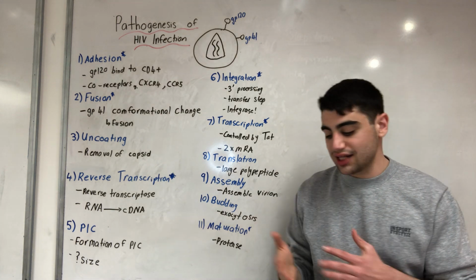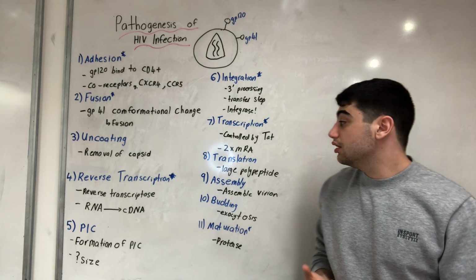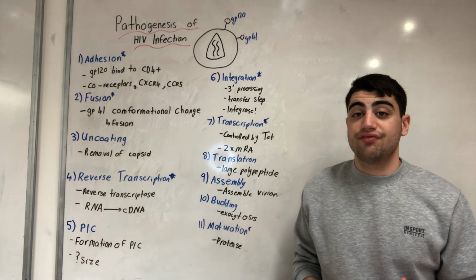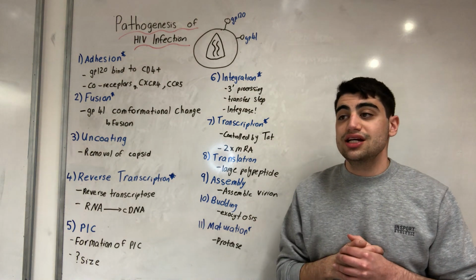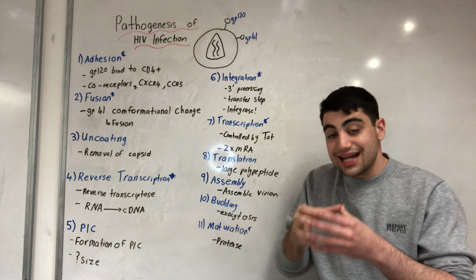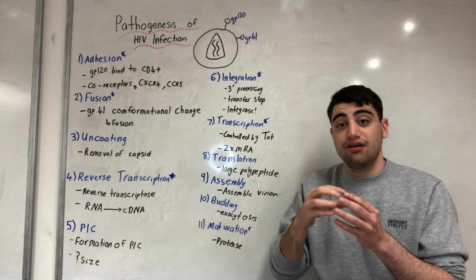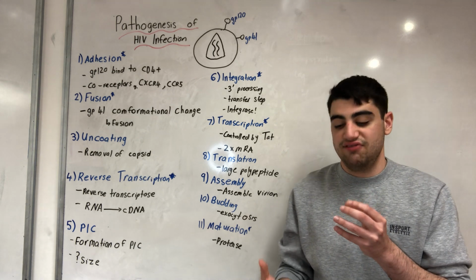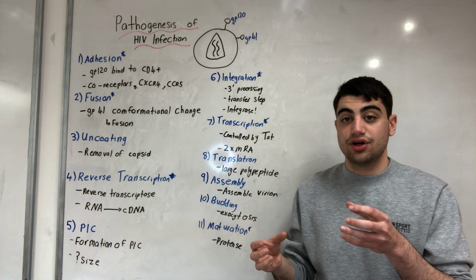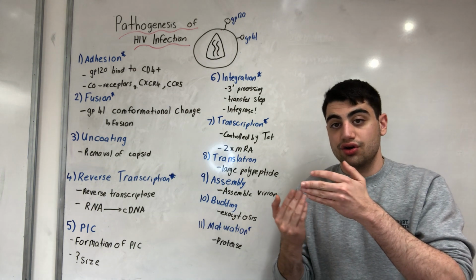TAT is the trans-activated protein, and it's involved in the activation of RNA polymerase II, the key driver of transcription. What the trans-activated protein does is it makes sure the RNA polymerase stays on to that DNA. Because without TAT, RNA polymerase quickly falls off, and it cannot transcribe the whole HIV genome. So the trans-activated protein makes sure the RNA polymerase stays on and transcribes along the whole genome.